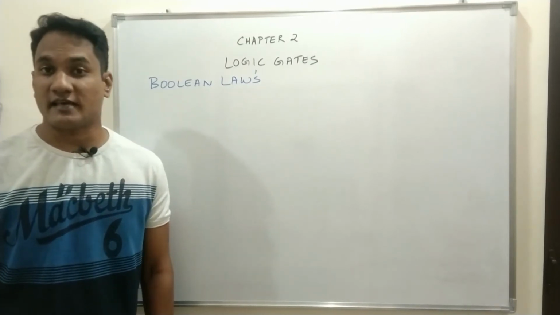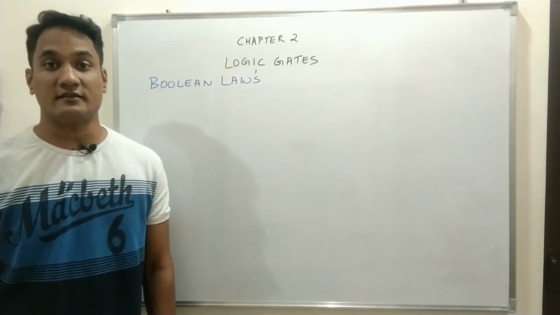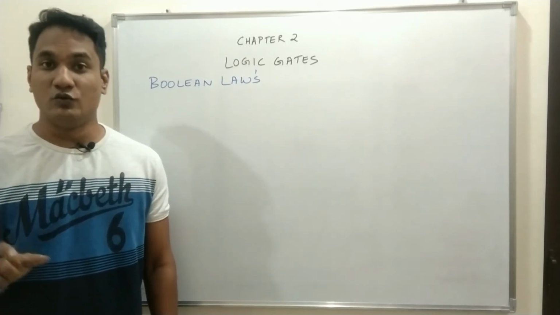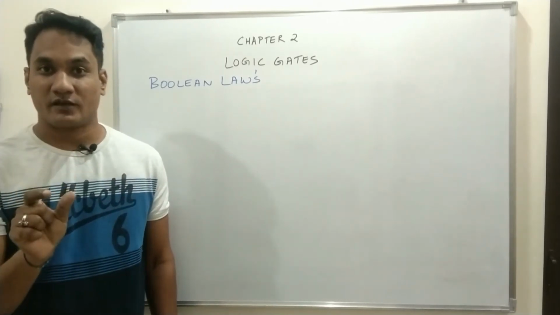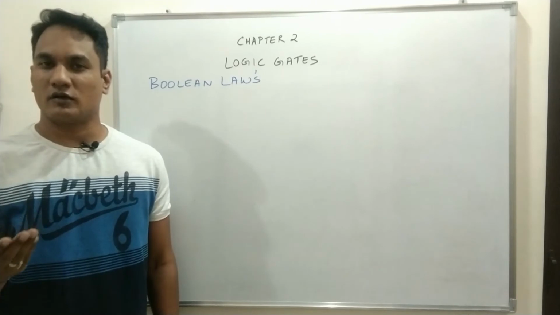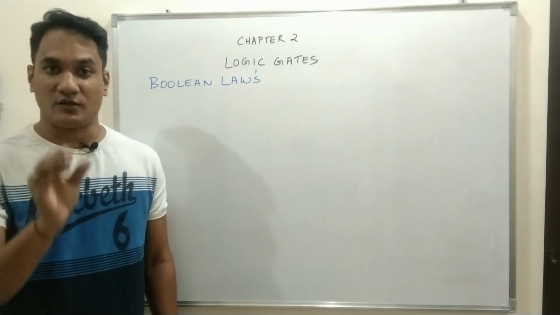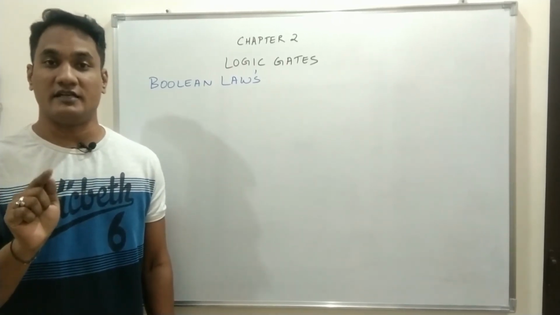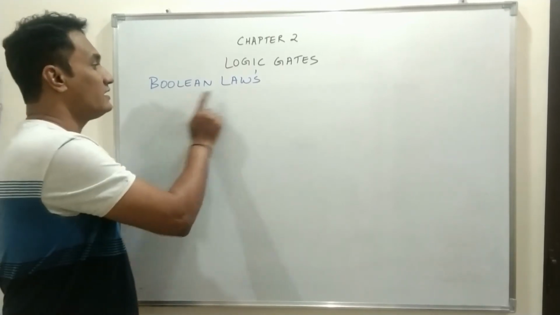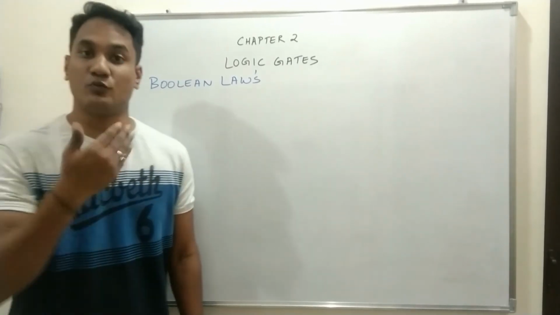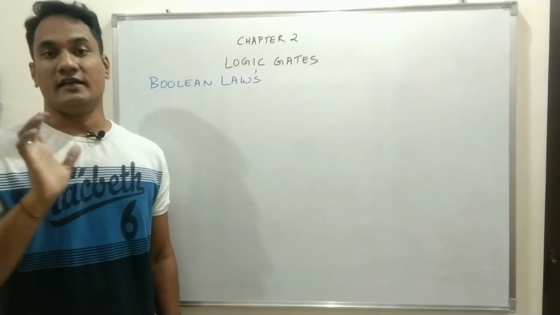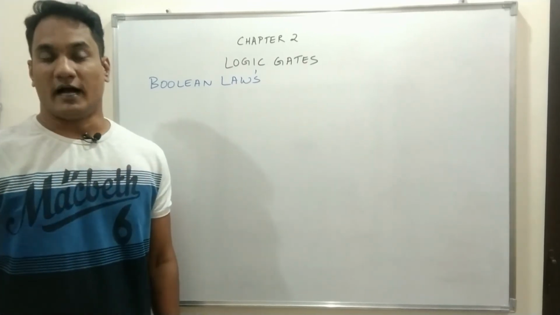In the next assignment, I'm going to give you an equation, but now you will simplify the equation, or in other words, reduce the equation. To reduce the equation, it is very important that you understand Boolean laws, because you use Boolean laws to reduce the equation. So that is what we will try to understand.